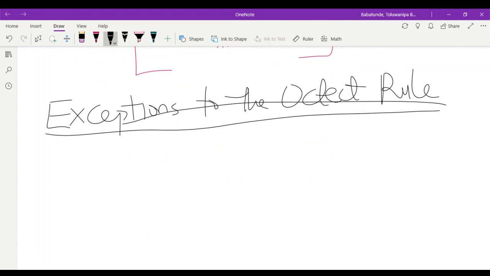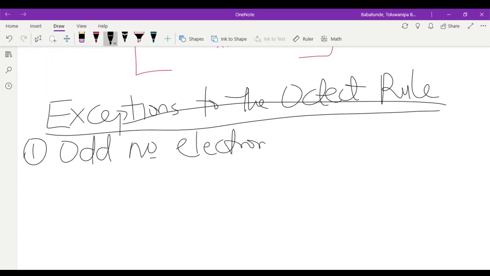What are the exceptions to the octet rule? Number one exception is odd number electron species. For example, NO.